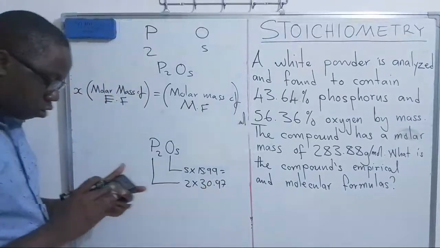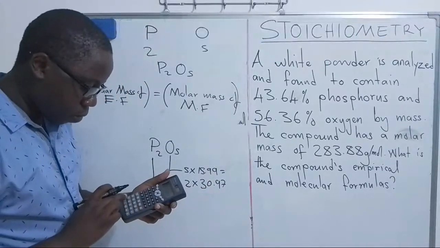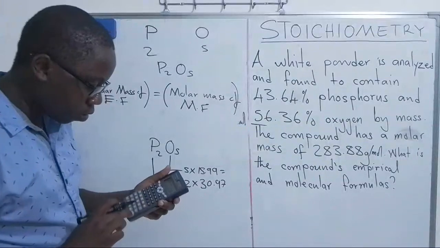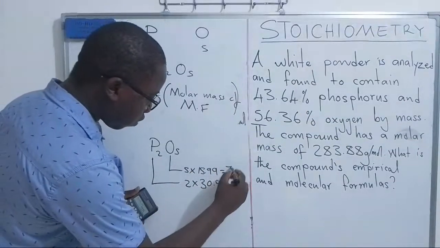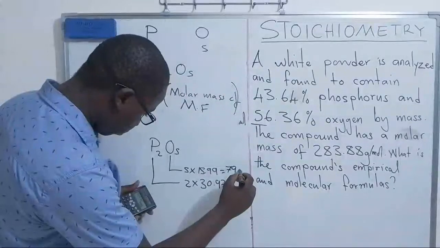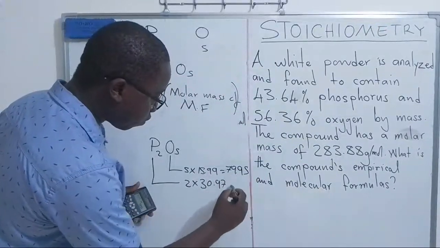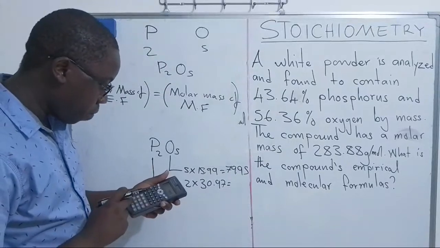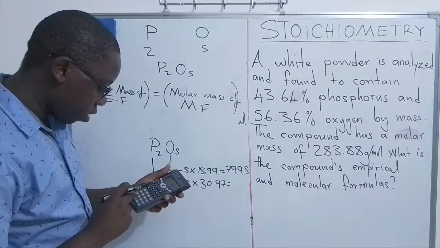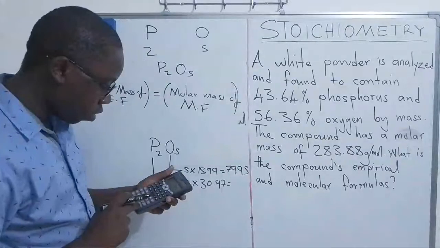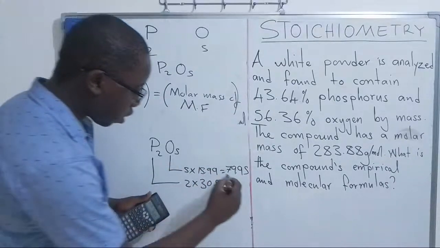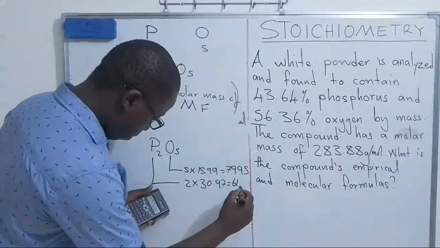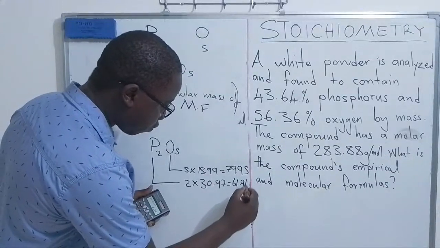So 5 multiplied by 15.99 gives us 79.95, and 2 multiplied by 30.97 gives us 61.94.